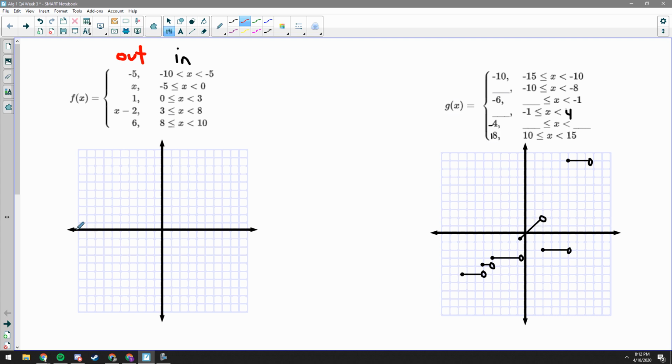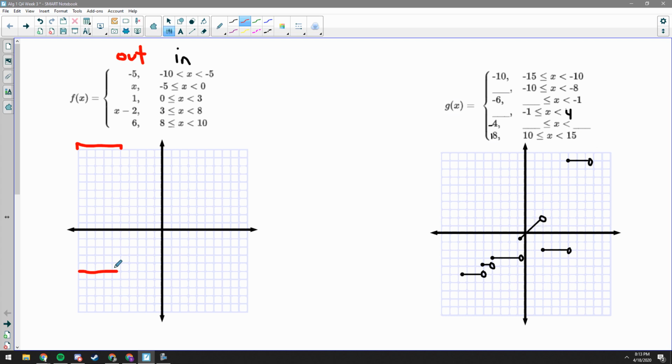If it's between negative 10 and 5, which is right there, then our output value, the y value, has to be negative 5. 1, 2, 3, 4, 5. So our line's going to look close to this.